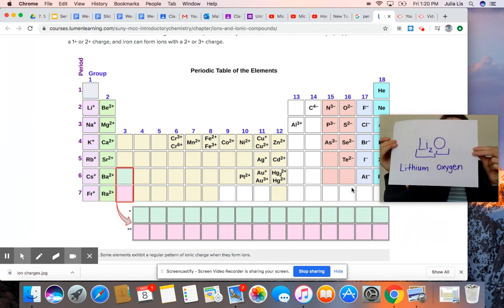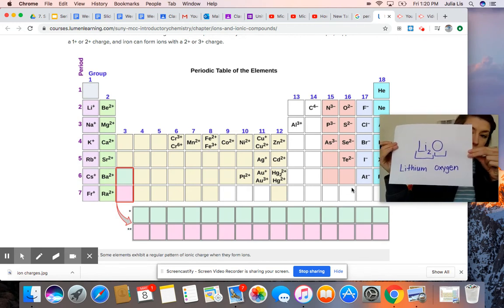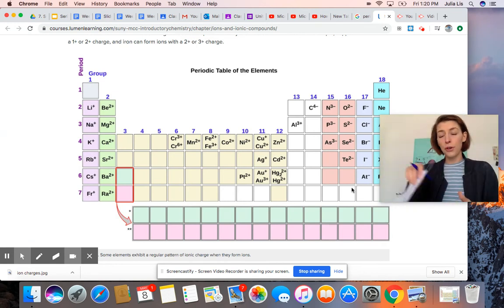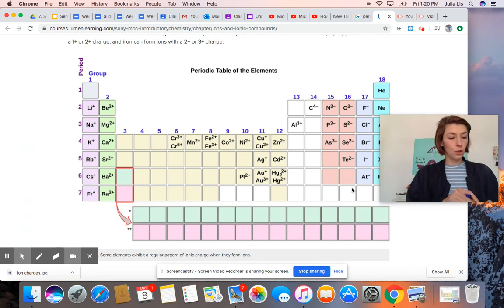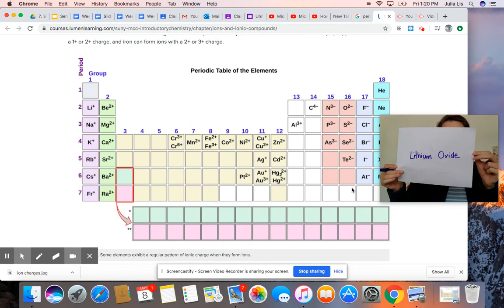Lithium, oxygen doesn't really sound right. So the third rule to naming ionic compounds is that you change the ending to IDE. Okay? So what you're going to be left with as the name for this formula is lithium oxide. Okay?